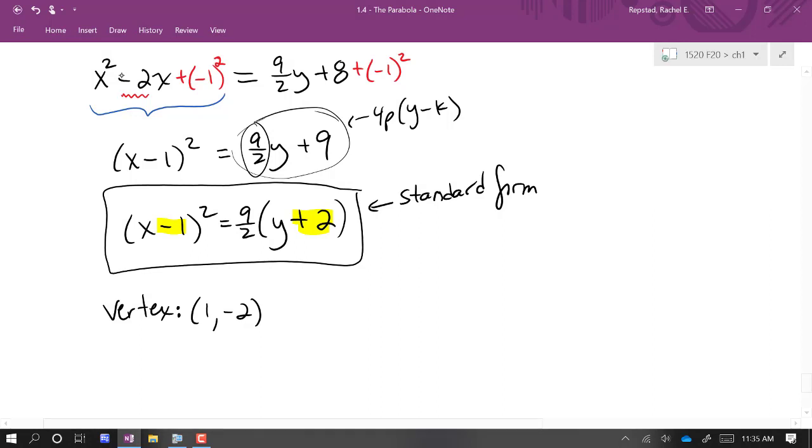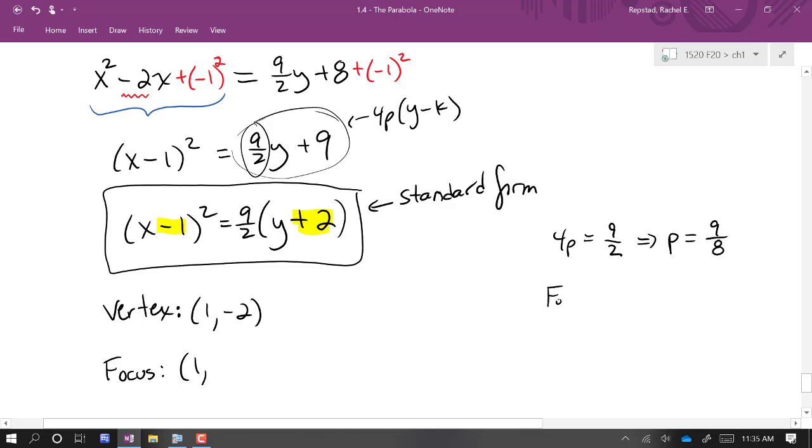It's a vertically oriented parabola, and p is positive, so I know it opens upward. And that means that the focus will have the same x-coordinate. I just have to figure out the y-coordinate. So from the standard form, I know that 4p is equal to 9 halves, and that means that if I divide by 4, p is equal to 9/8.